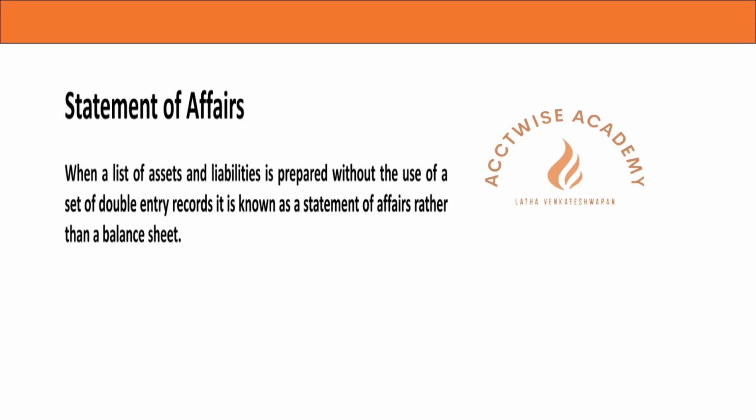When a list of assets and liabilities is prepared without the use of double entry records, it is known as a statement of affairs rather than a balance sheet. When we prepare a balance sheet in the traditional way, that is according to the double entry system of accounting, assets will always be equal to the liabilities.